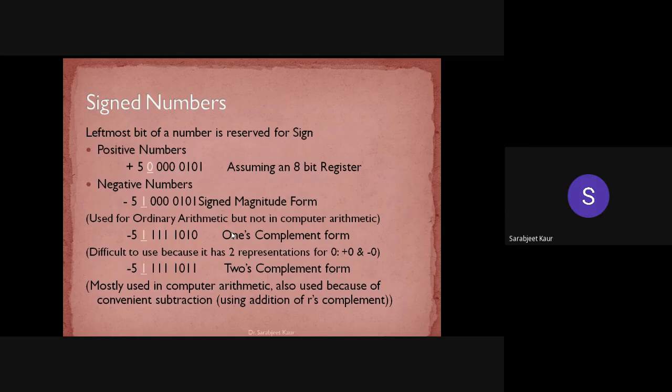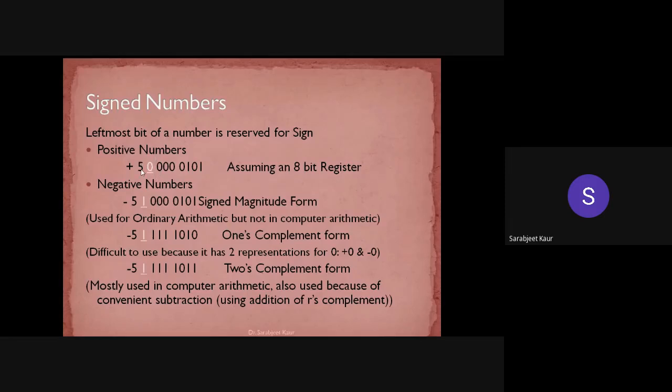The next thing that I'm going to discuss with you today is signed numbers. What we want to see here is how we can represent the sign of a number. What we do is reserve one bit, specifically the leftmost bit in a register, for signifying the sign of that number.